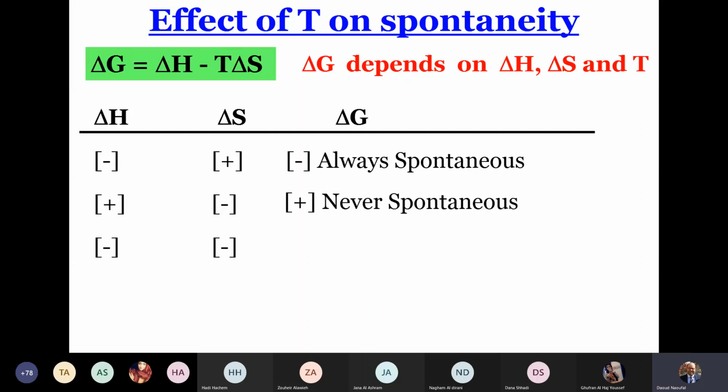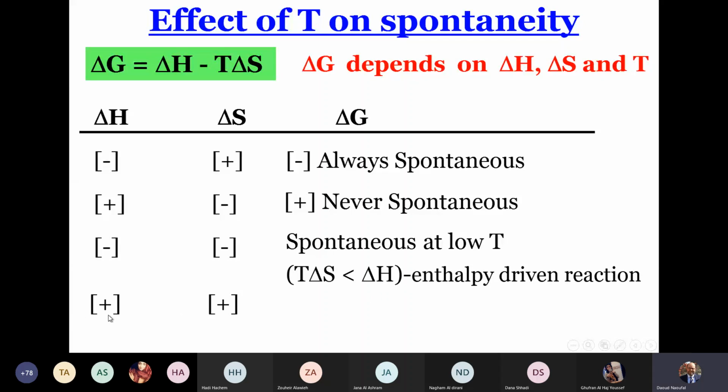Now the temperature will determine if this transformation is spontaneous or non-spontaneous. So for an exothermic reaction with an increase of order, the temperature will determine if this transformation can happen or cannot. Spontaneous will be at low temperature.